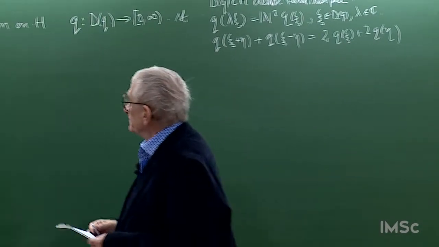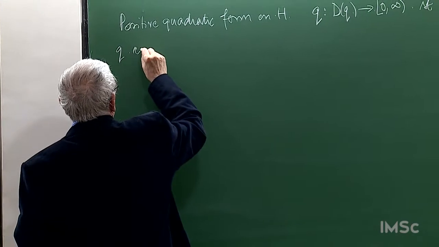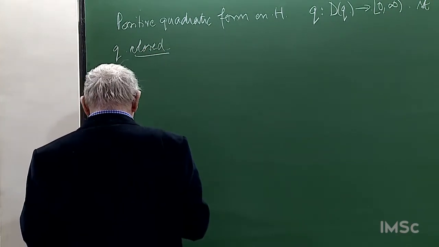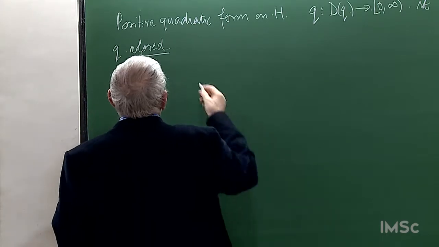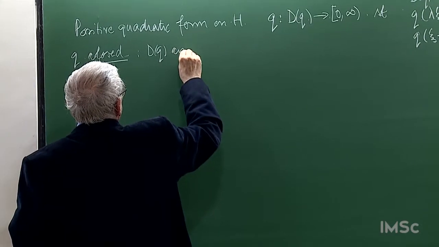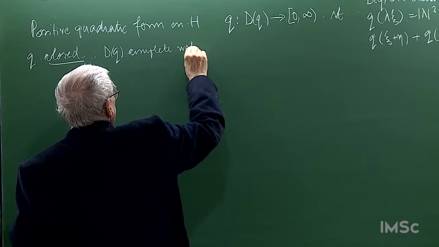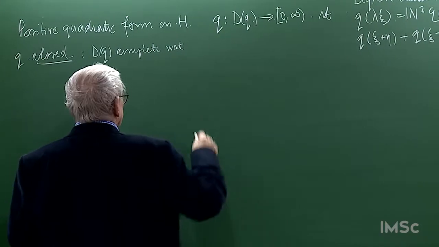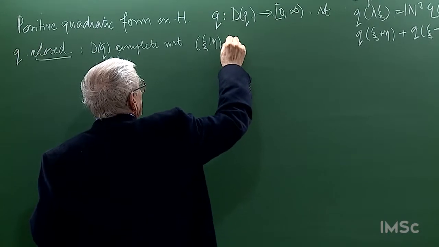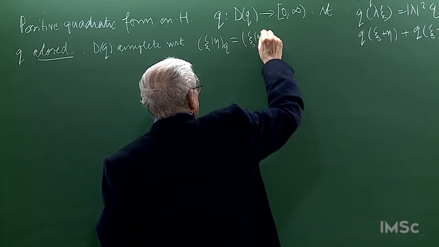And now, this positive quadratic form Q is said to be closed if it means that D(Q) is complete with respect to the scalar product <xi, eta>_Q equal to Q(xi, eta) plus <xi, eta>.